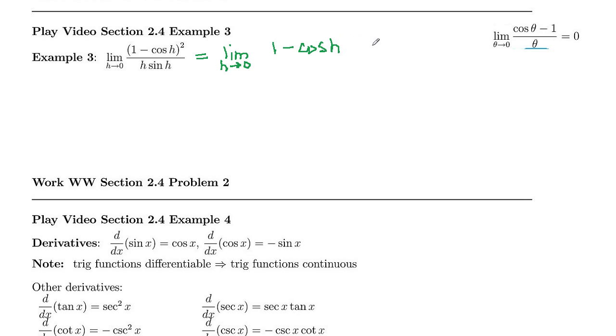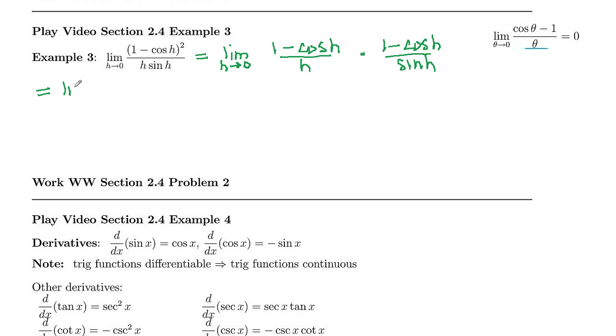And then another 1 minus cosine h. So I've got two factors of those. And I'm going to leave this h in the denominator on one, and then the sine h in the denominator on the other. And again, if we were to multiply straight across, we would get this back again. So now limit of the product is the product of the two separate limits.